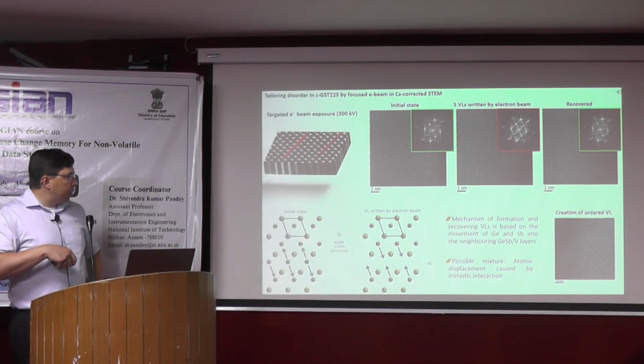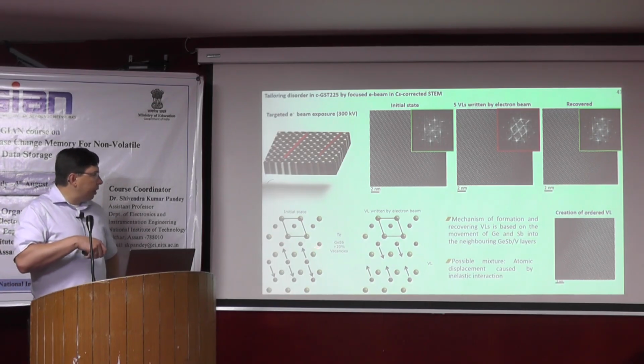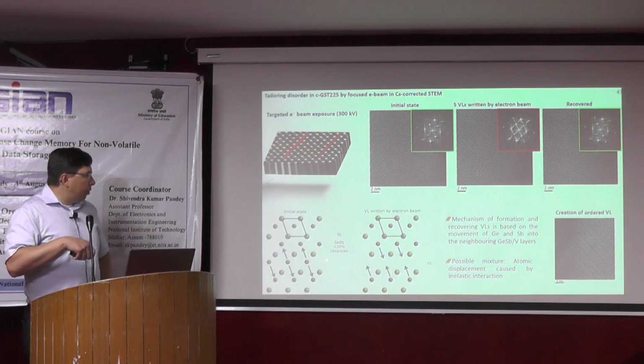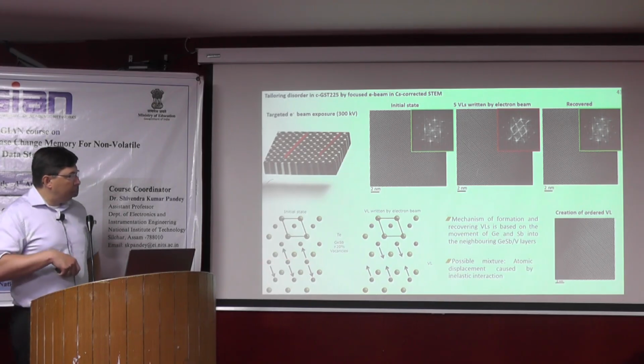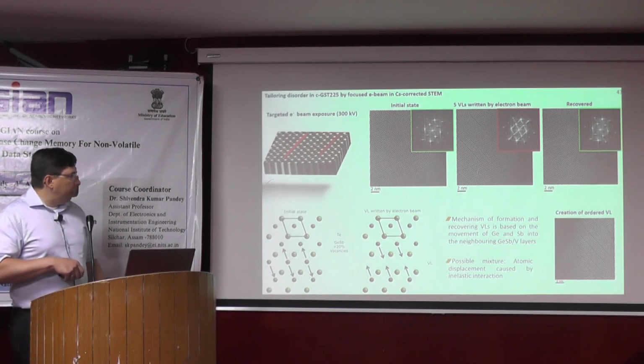We know that this GST contains 20% of vacancies on cation sites. Now if we heat up these layers by electron beam irradiation, then we move the germanium and antimony to the neighbor sites, here and here, and then we create so-called vacancy layers.